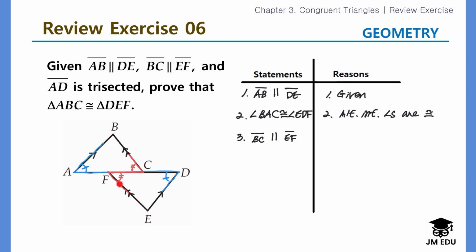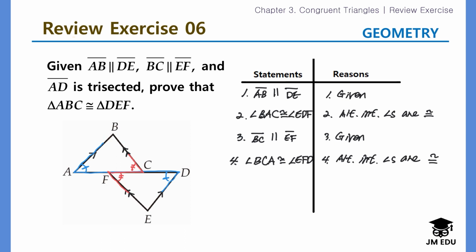So here we have two sides and this is like a transversal. So the reason for number three is just given. And from this given, we know that number four, angle BCA is congruent to angle EFD. And that's also alternate interior angles are congruent, right?